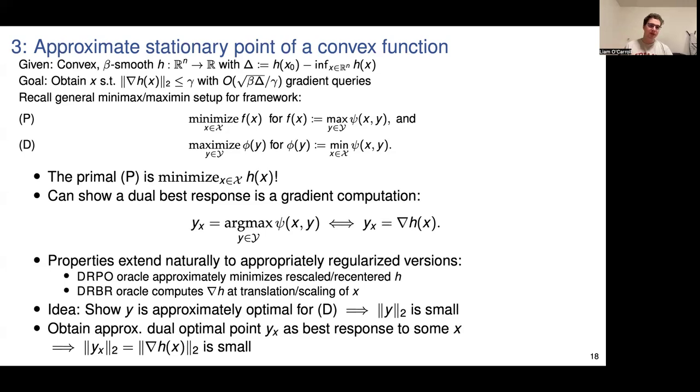And then because this dual point is approximately optimal, we can just apply the line above to obtain a bound on the norm of this dual point. And because we know that the best response oracle is just some gradient computation, we can immediately conclude that the gradient of h at x is small, which immediately implies that x is an approximate stationary point.